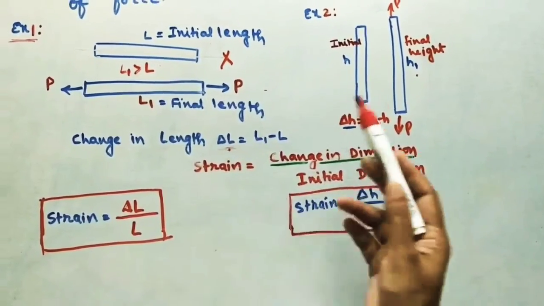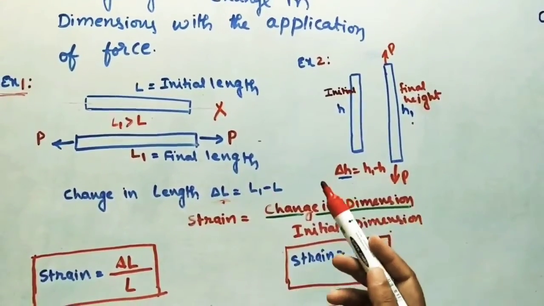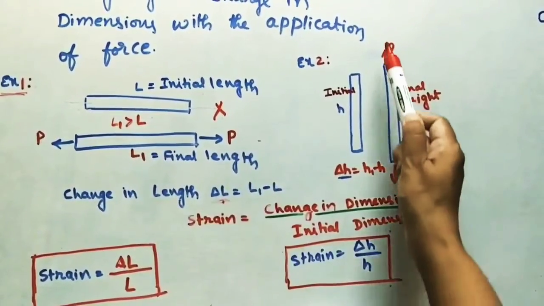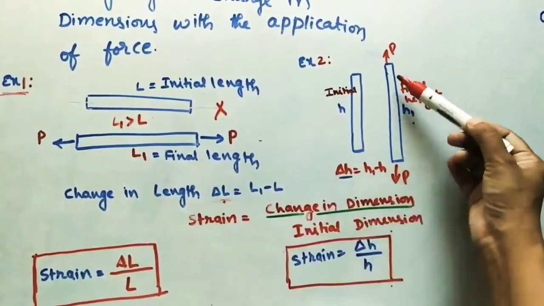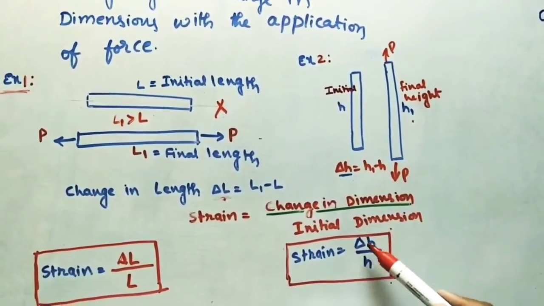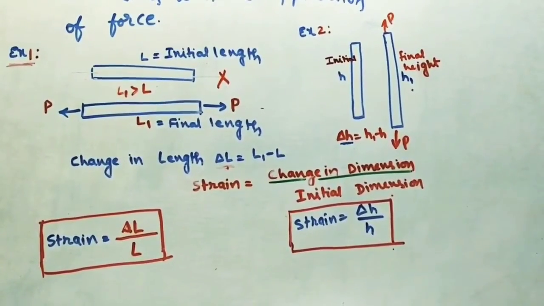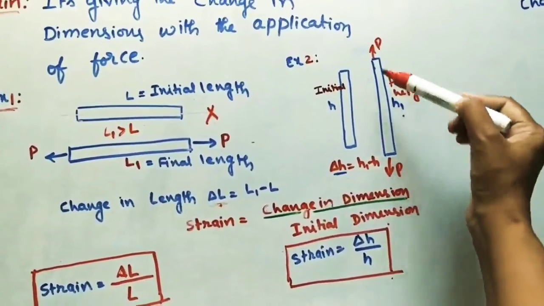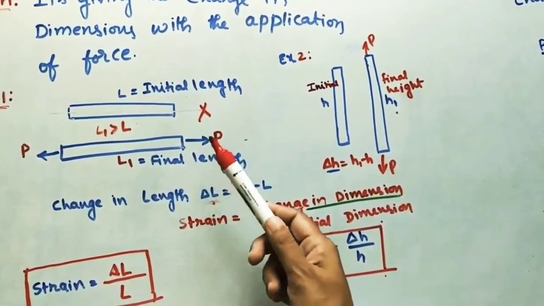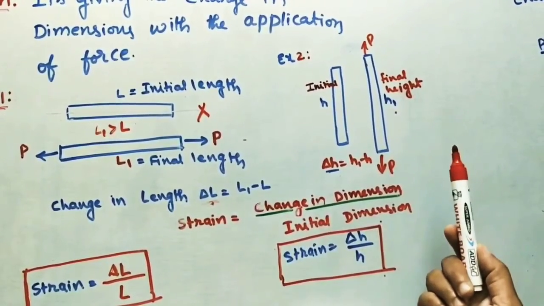In these two cases, what we have observed is that along a given axis, how much change in length as well as in height is coming, that value relative to the initial value. We are not always taking the x-axis or always the y-axis. We can take any axis, x or y or z axis also.